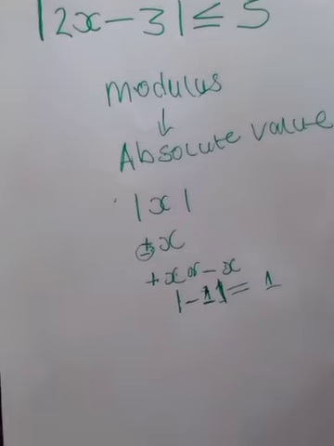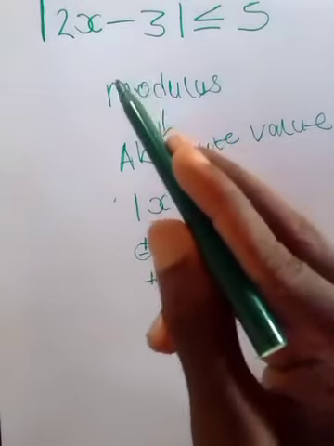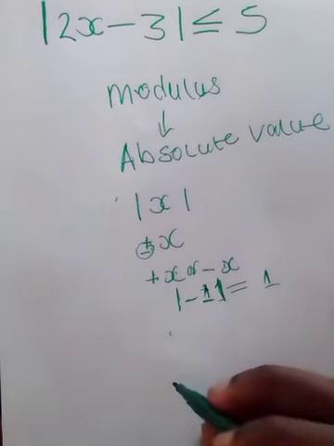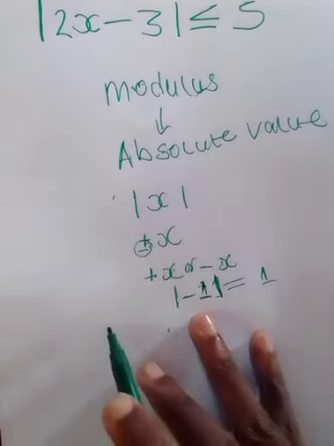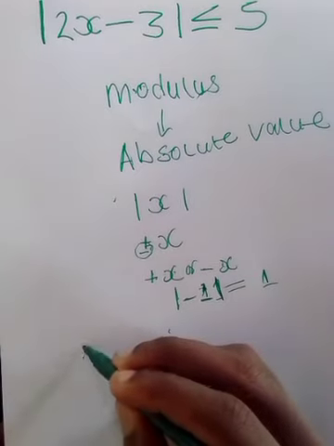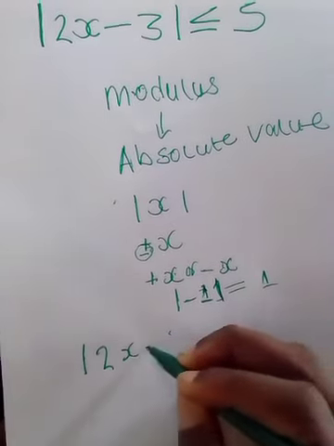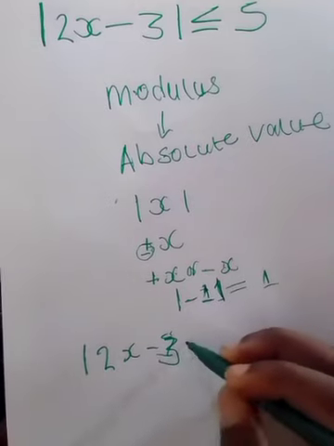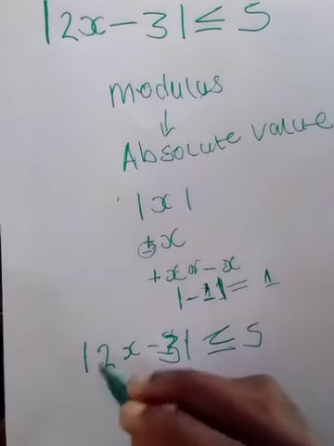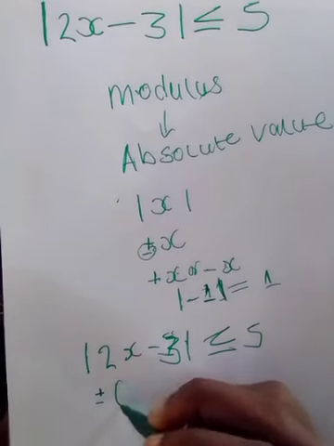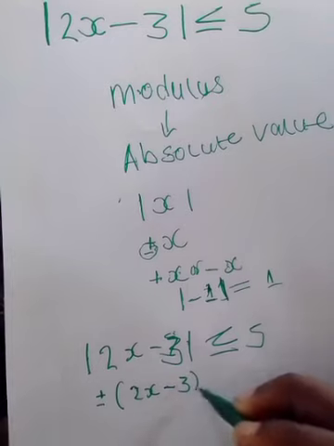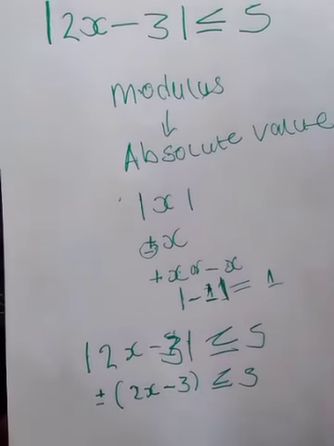Okay, now how about when you are dealing with inequalities? For the inequality that we have there, let me write it down. You have the modulus of 2x minus 3 less than or equal to 5. It is the same as having plus or minus 2x minus 3 less than or equal to 5.